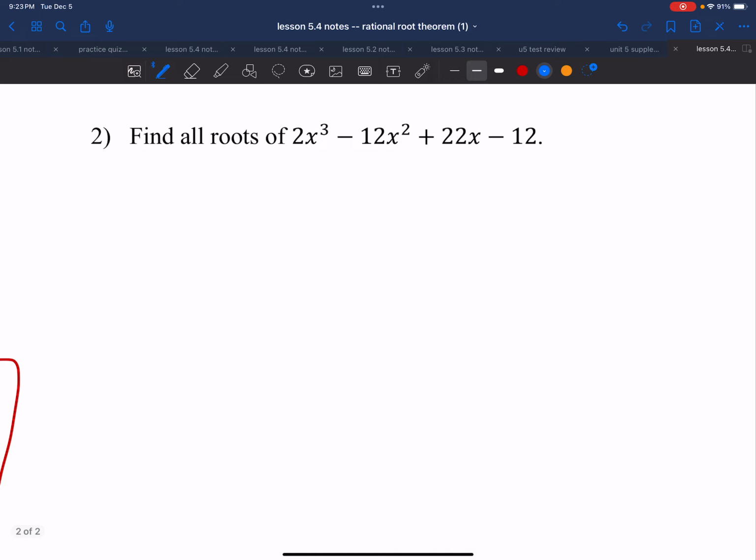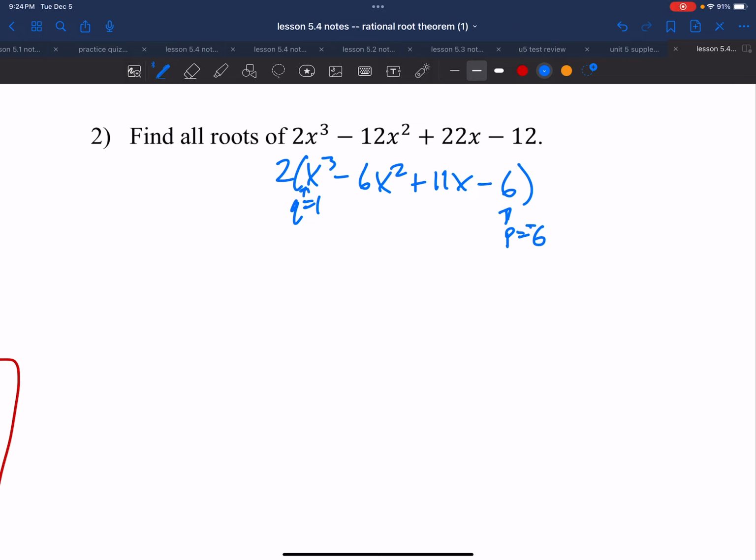So I'm going to list all the possible rational roots here. Now, before I do that, before you give yourself a headache on listing factors of 12, because that's 1, 2, 3, 4, 6, 12, always look for a GCF first. Factor out the GCF: x cubed minus 6x squared plus 11x minus 6. Notice I factored a 2 out because they all were divisible by 2. So P is 6, Q is 1.